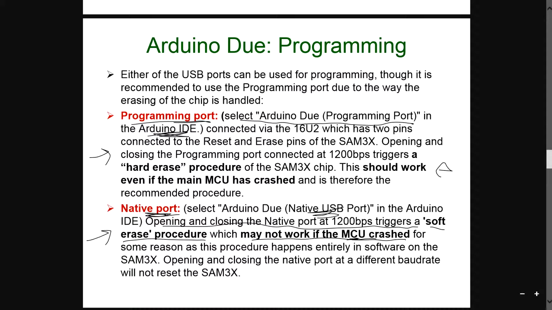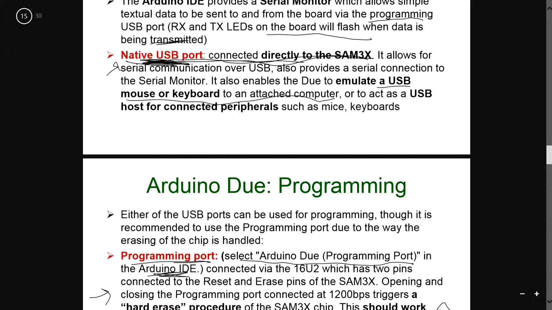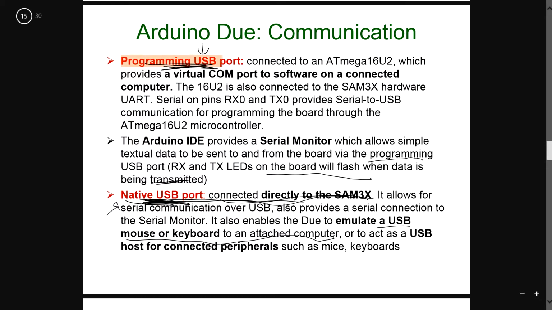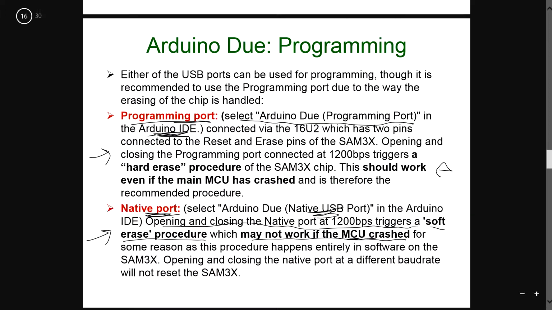Please do not be confused by the programming port and the programming USB port. There are two different things. Within the programming USB port there is a programming port that deals with the IDE software. Please remember that opening and closing of the programming port at 1200 bps triggers a hard erase. So you erase your procedure in the chip, and this works when your main MCU, your microcontroller, is crashed.